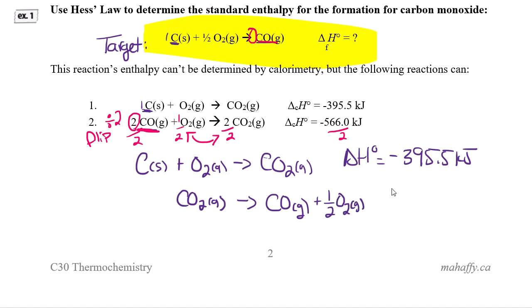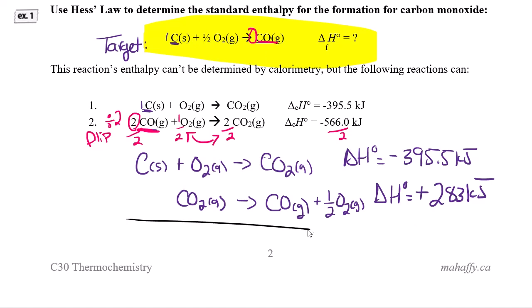And the enthalpy of this reaction, don't forget I flipped it, so it's going to have a positive sign, and I need to divide the value in 2. 566 divided by 2 gives me 283 kilojoules.